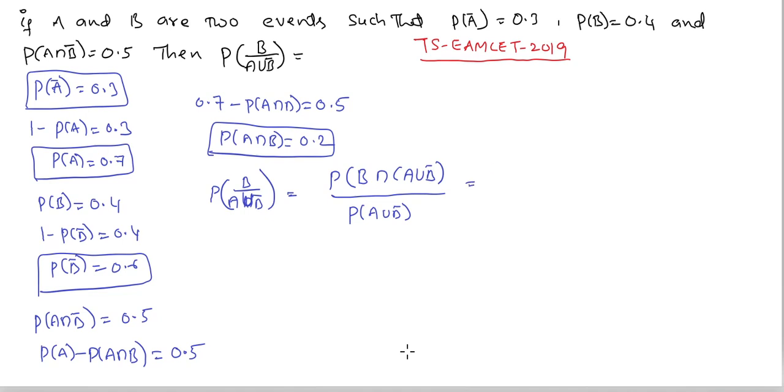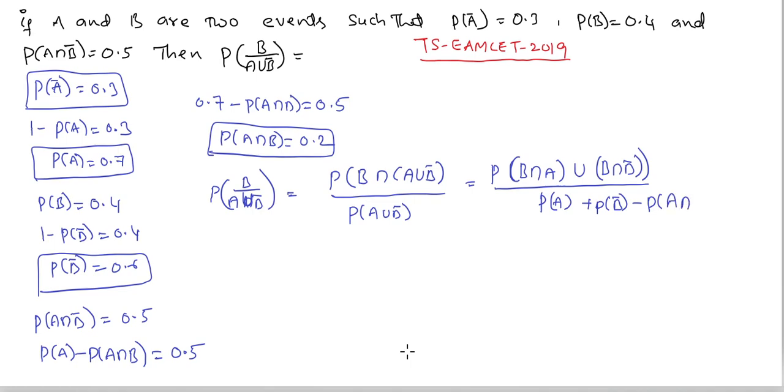So applying De Morgan's laws, P of B intersection A union B intersection B bar, by P of A intersection B bar, that is P of A plus P of B bar minus P of A intersection B bar. This B intersection B bar is phi, so that is P of B intersection A, that is P of A intersection B, by P of A plus P of B bar minus P of A intersection B bar.